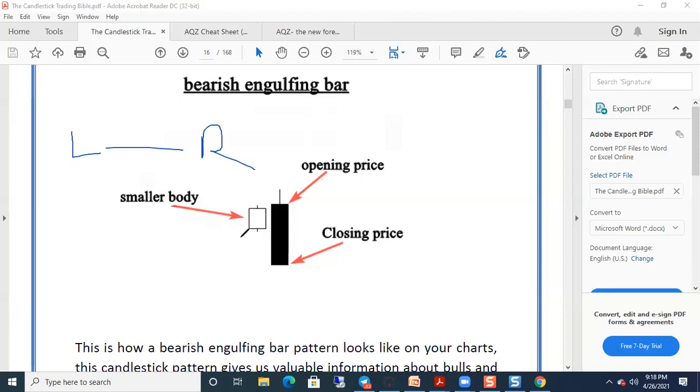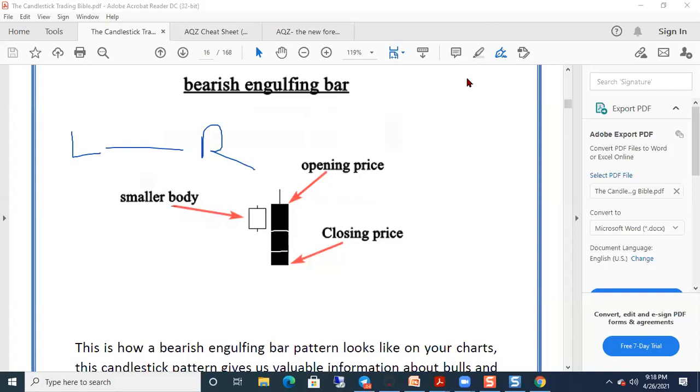So the bullish candle came first, and the bearish candle, which is the black candle, came later, right? Now you'd notice that this bullish candle is head and shoulders bigger than the bearish candle. You could basically put this bearish candle inside the bullish candle and it will consume it, right? Maybe twice, maybe thrice.